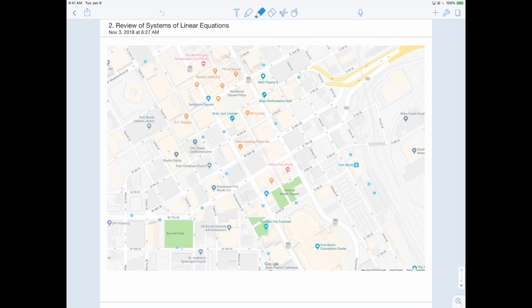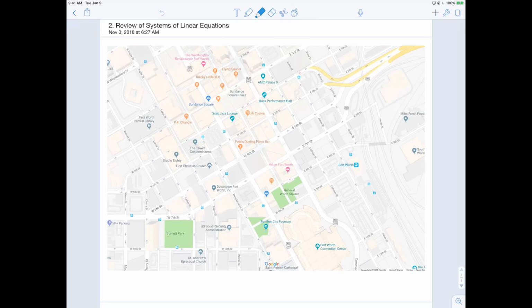If you tilted your paper about 45 degrees counterclockwise, you could line up the grid that our downtown Fort Worth is laid on and almost line it up with a coordinate plane.